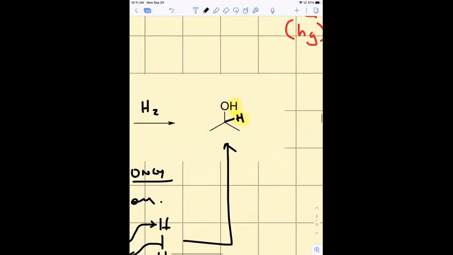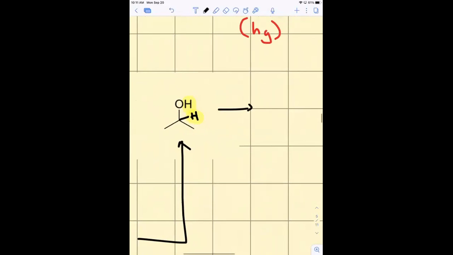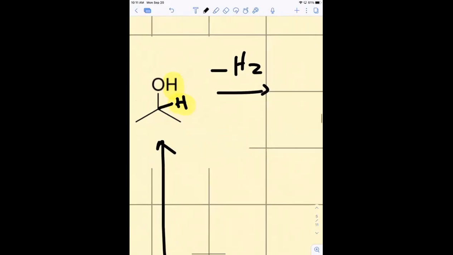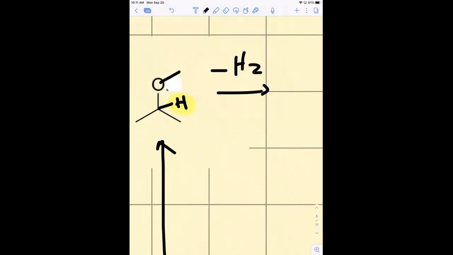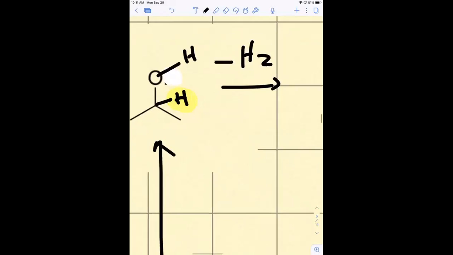Right, because if you think about it, if I take this and I remove, let's say I take off H2, and let me make it plain. Let me see if I can wipe this out. I wish I had the same color as the paper. It would look nicer. But if I did this, something like that, right?